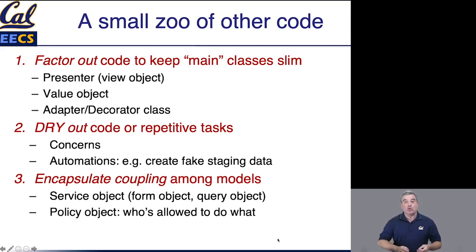And service objects usually don't get their own tables. They're usually stateless, but they encapsulate non-trivial logic that usually touches multiple models and has to really know something about how they all work together. That keeps the models from having to know too much about each other. Specific cases of service objects that often arise in software as a service, one of them is a form object.